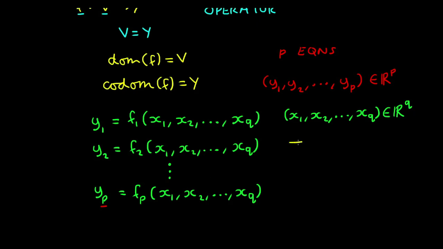So we denote this as a transformation from the vector space of q tuples to the vector space of p tuples. So we're going from x to y. And alternatively, we can write this transformation as y1 to yp being equal to T of x1 to xq.